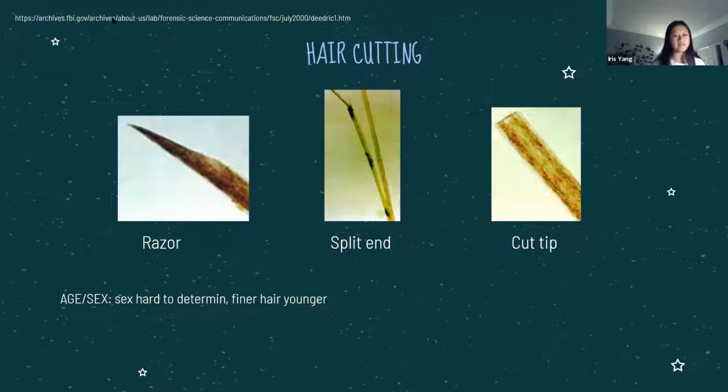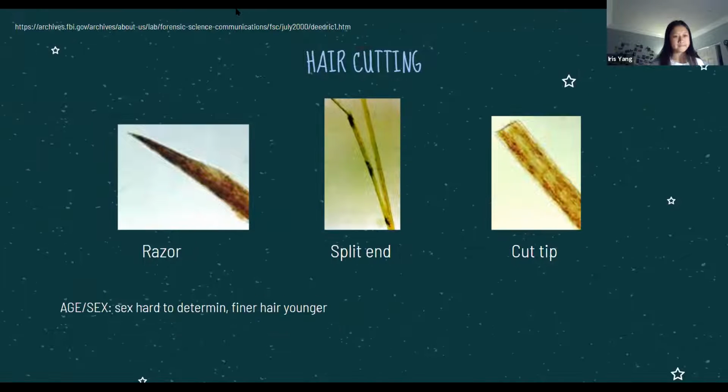Here's a link I found with more information on that. Some girls have short hair, so we can't really use hair length to determine anything. Plus, everyone has shorter hairs that are just growing out. So hair is probably not the most useful thing to determine sex.